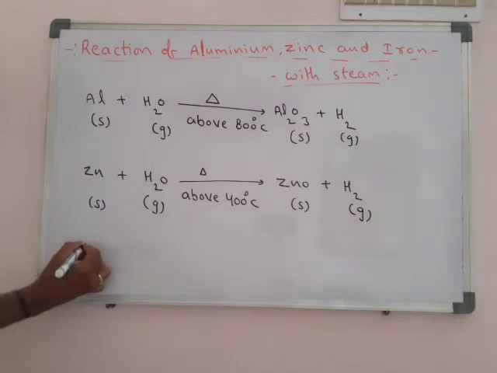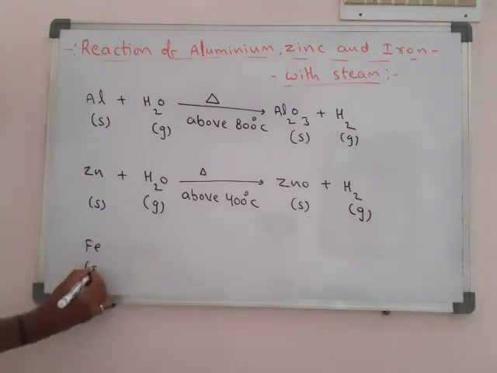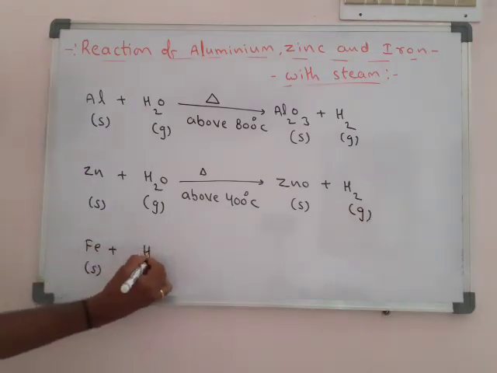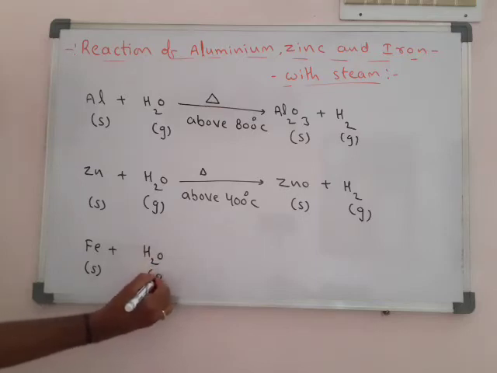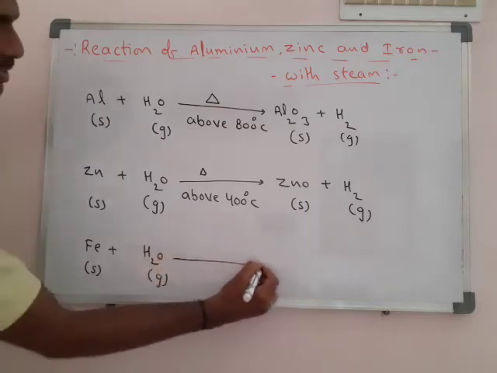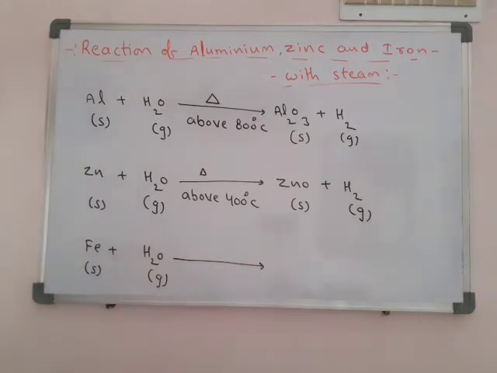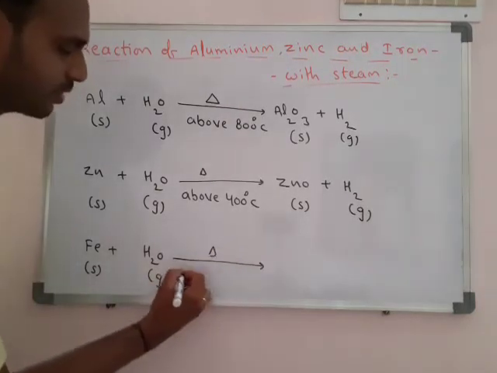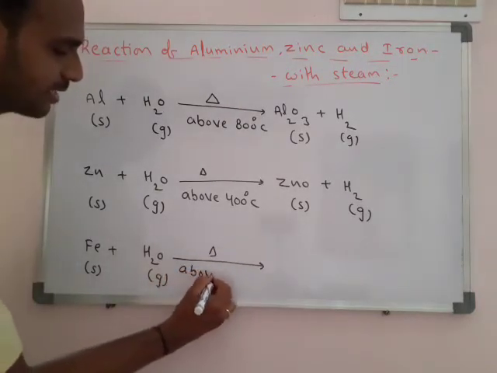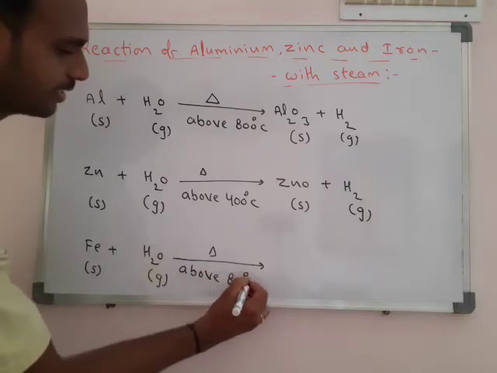Next is the reaction with iron. Iron is also a metal in solid form. It reacts with water, nothing but steam. H2O is steam. It is also a very slow reaction, taking place above 800 degrees Celsius.